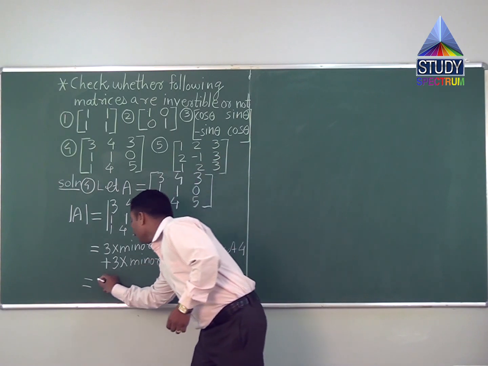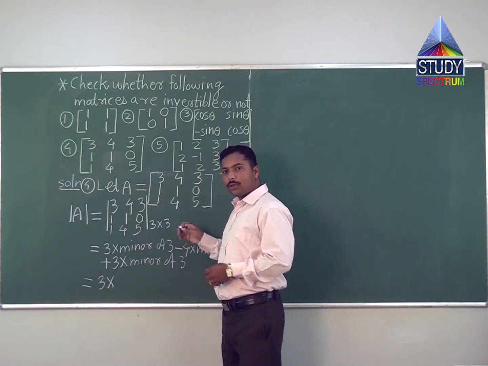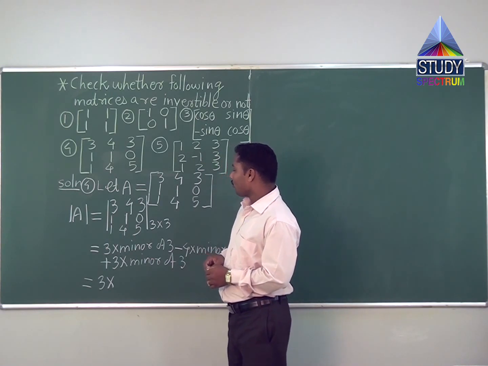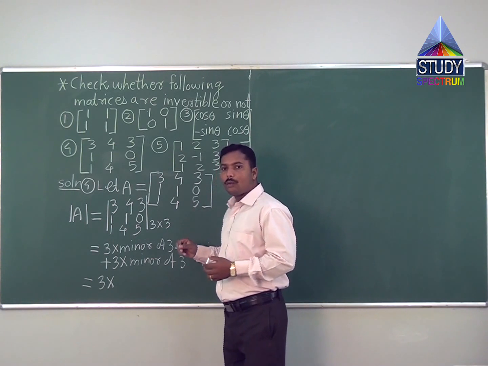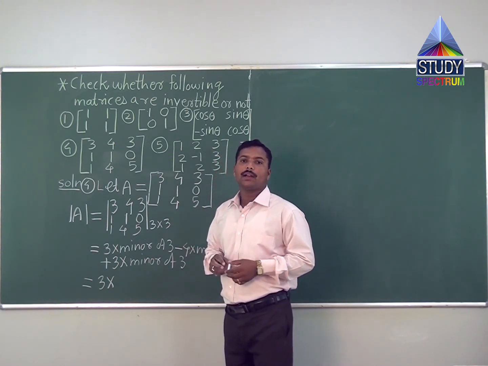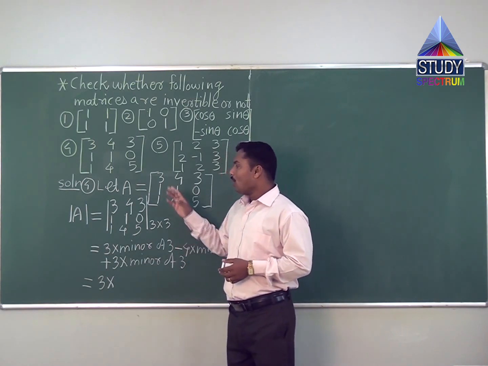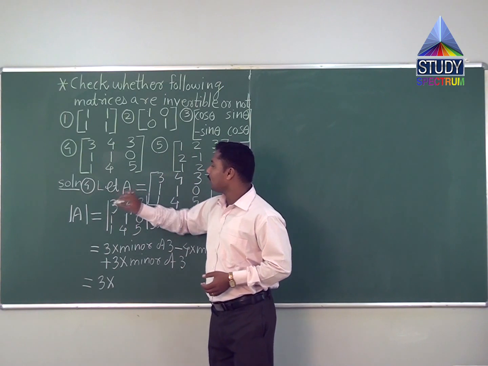Which is equal to 3 into, what is the minor of 3? So what is the meaning of minor? Minor of any number is the determinant obtained by deleting the row and column passing through that number.